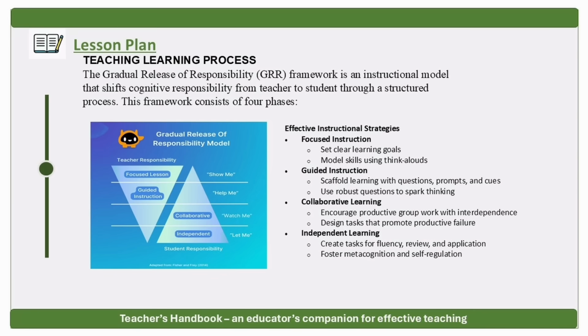This framework consists of 4 phases. These 4 phases consist of focused instruction. That means we have to set clear learning goals. The teacher has to set clear learning goals and model skills using think alouds.